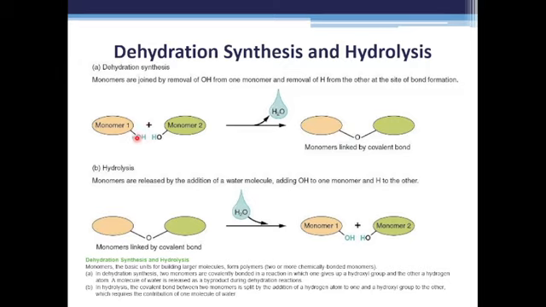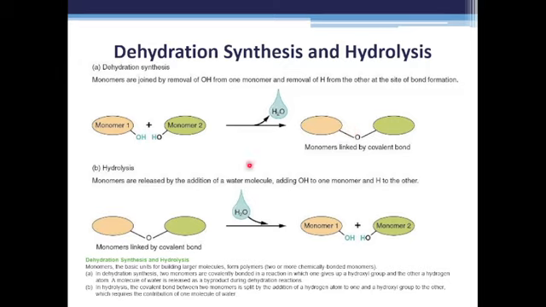And a covalent bond is formed between these two monomers. That's the dehydration process. These monomers are linked by covalent bonds. This reaction is used to build disaccharides and polysaccharides from monosaccharides. The monomer of carbohydrates is monosaccharides.